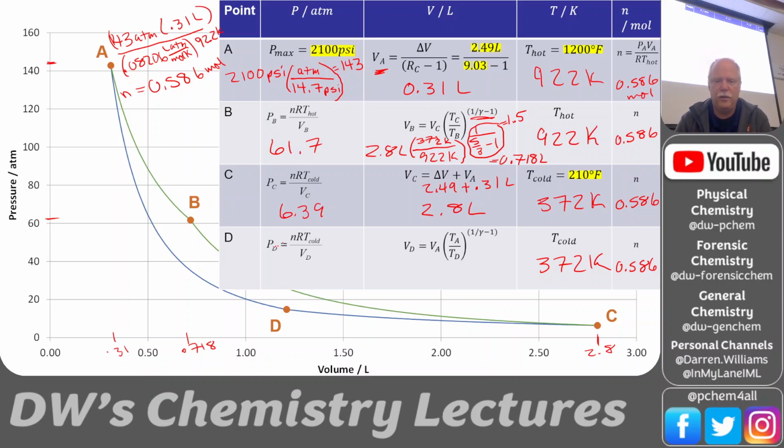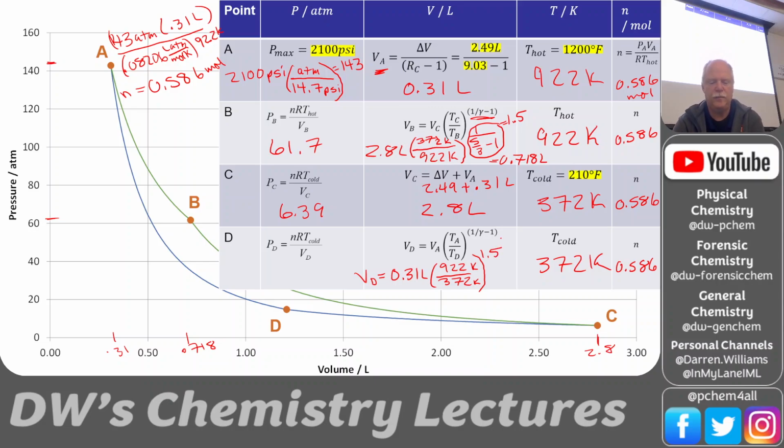Now let's do the volume at point D. So this is connected to volume A. So we use the 0.31 liters. The temperature A, so 922 is on top this time over 372. And it's raised to the 1.5 power.